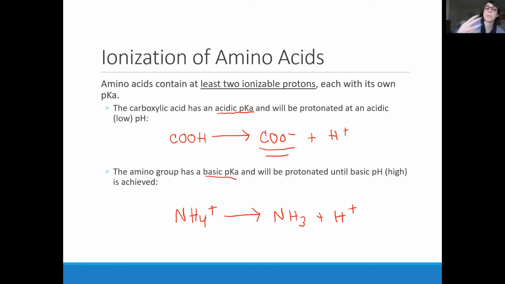You have to push it to a point to force it to get rid of its H plus. So that means you normally will find this group in this formation, the NH4 plus formation. Again, that's why we write those amino acids with the NH4 plus.